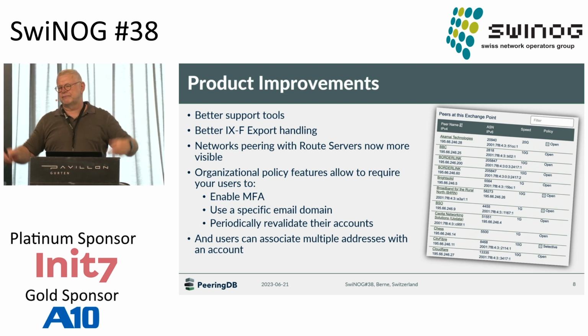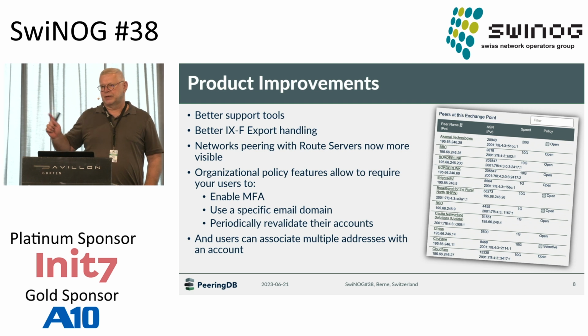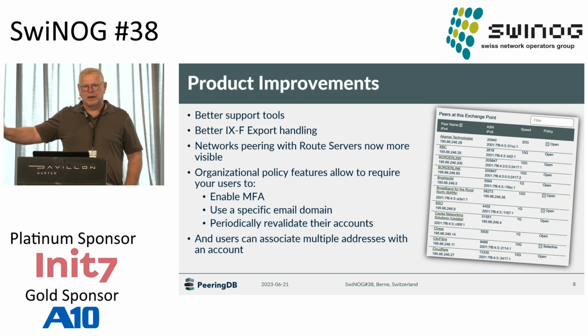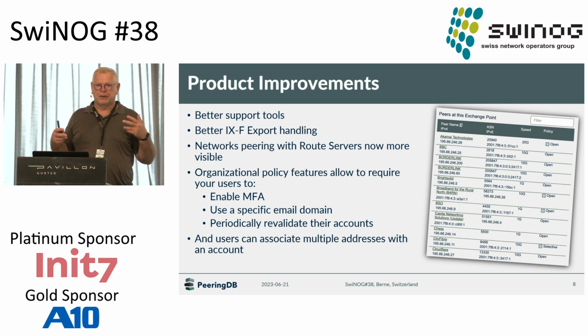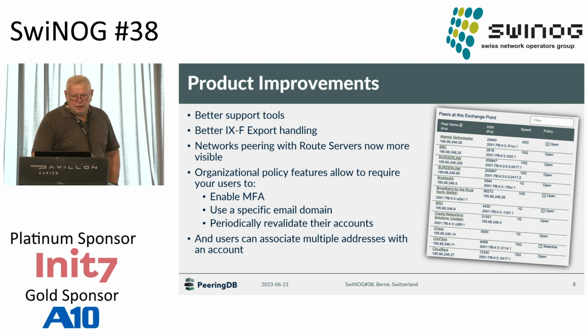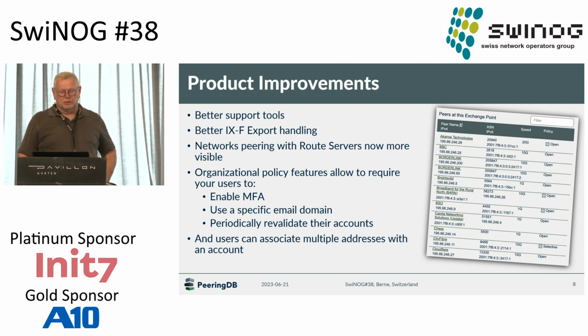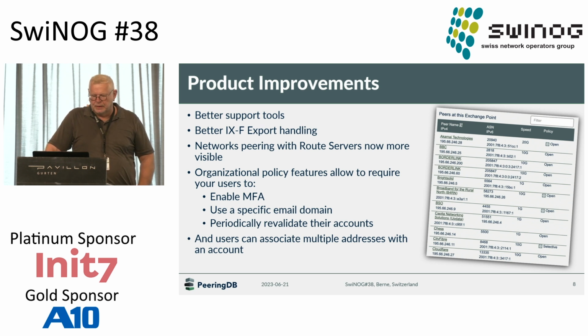And we match this information, and if we detect a mismatch, then we send an email both to the IXP as well as to the network and say, hey, we detected a mismatch, please resolve it. We made it also more visible if the network is peering with a route server.